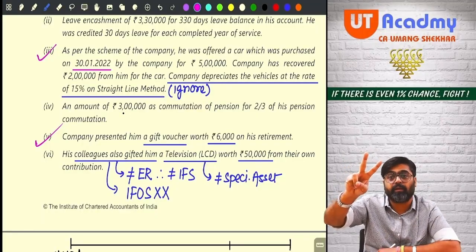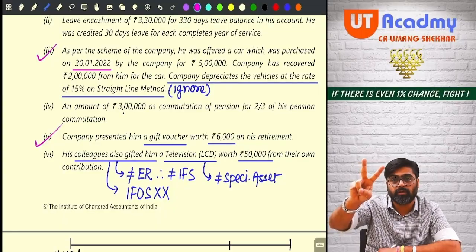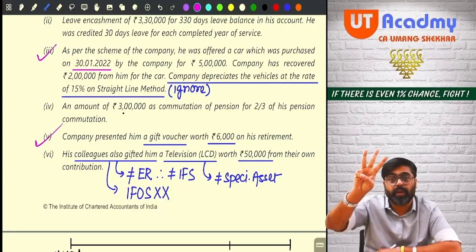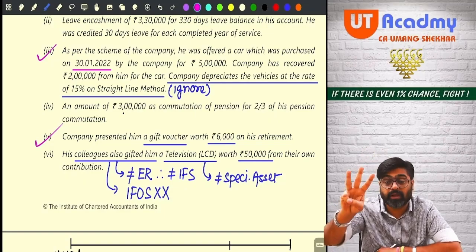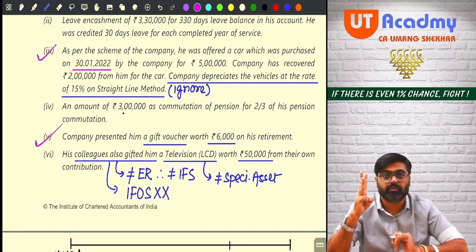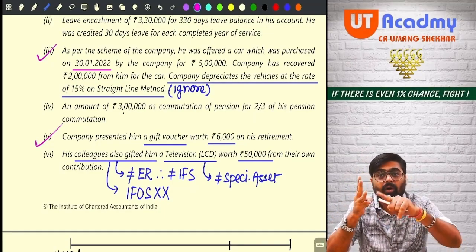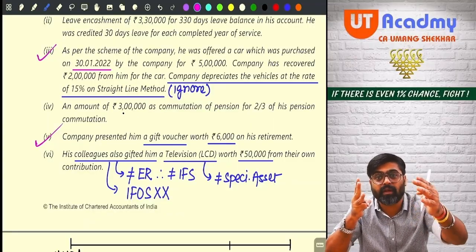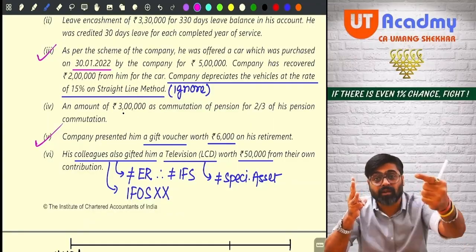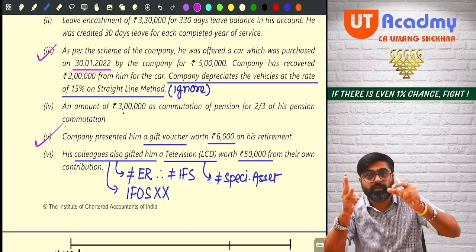Then 30th January 24, 2 years of use. 30th January 25, 3 years of use. And then on 31st January 25, he is retiring, and on that 31st January 25, he is given this car.